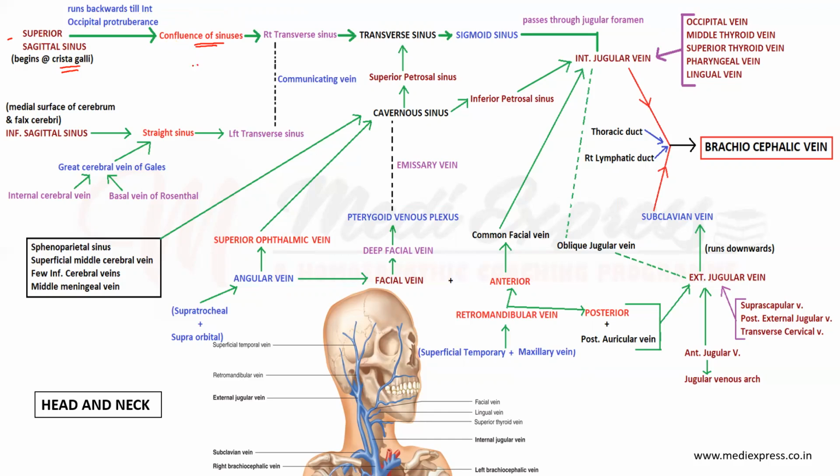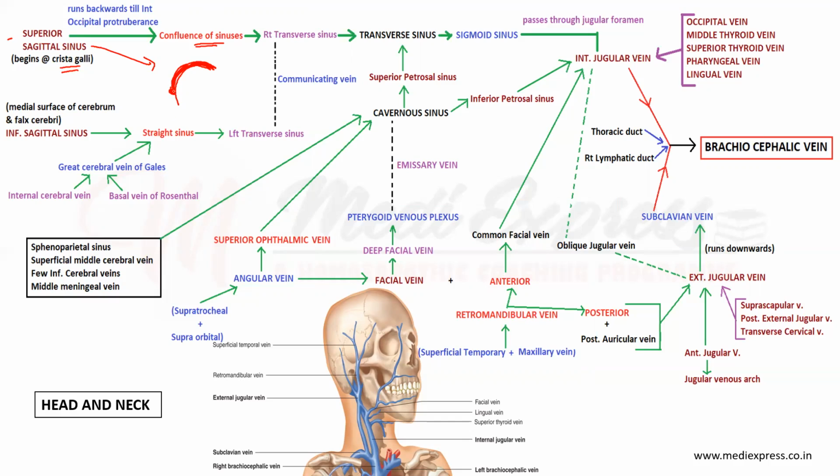Like if this is the skull, from here till the protuberance, there is a sinus present, and the name of the sinus is the superior sagittal sinus. And over here at the protuberance, there is a confluence of sinuses, meaning many sinuses are coming and attaching.